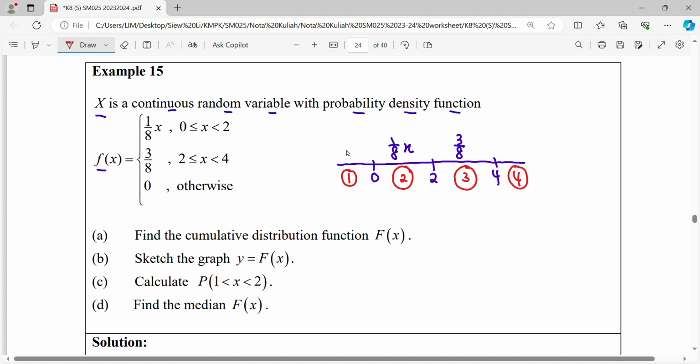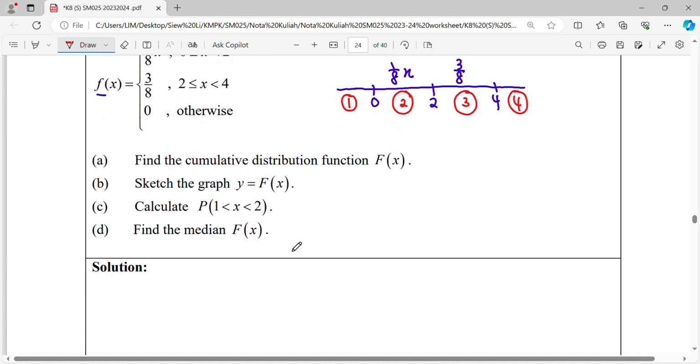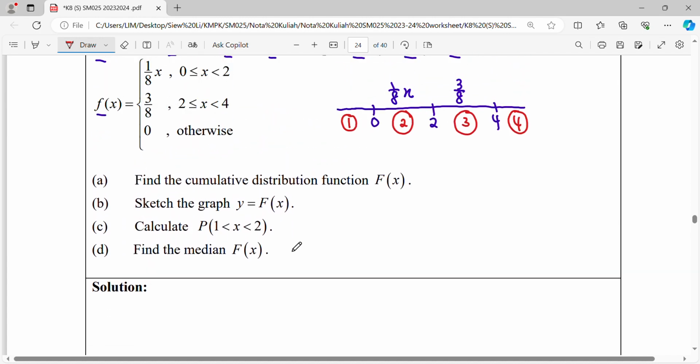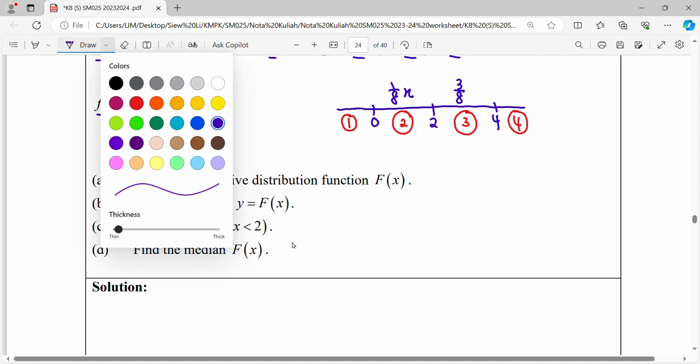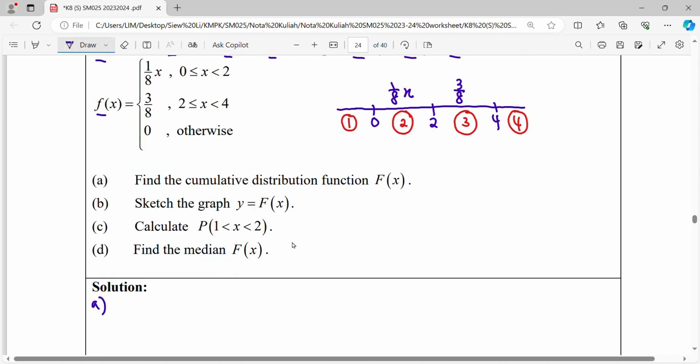Alright, so how do we find F, the cumulative distribution function? You have 4 steps. For the first step, it is the interval before 0, which means x is less than 0.